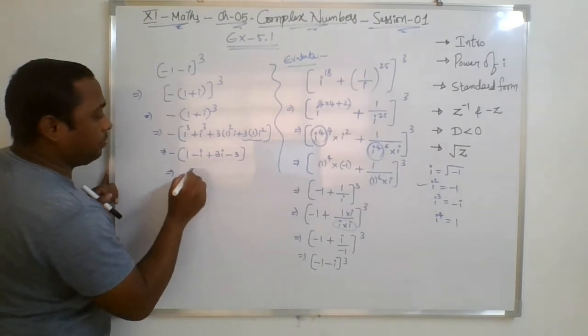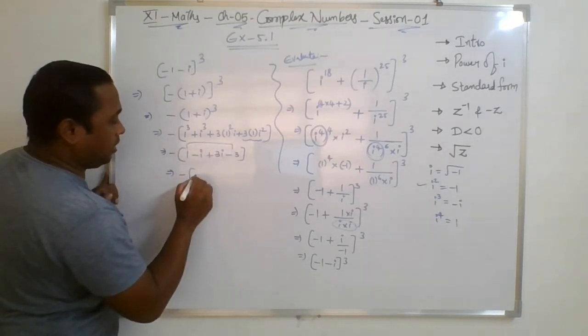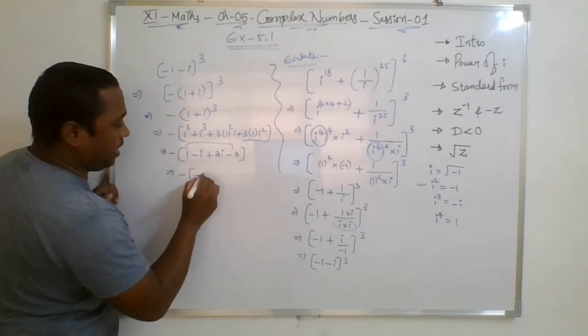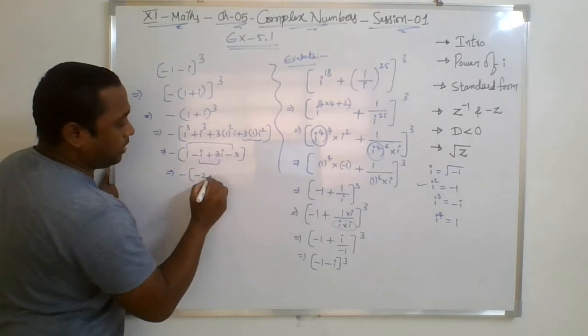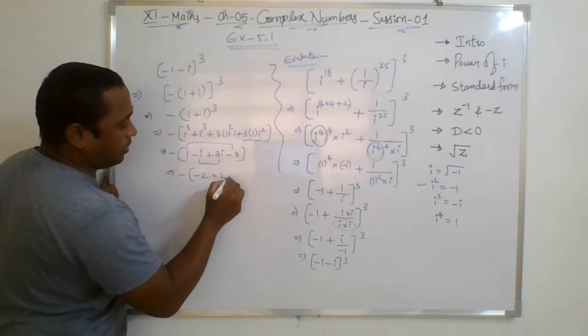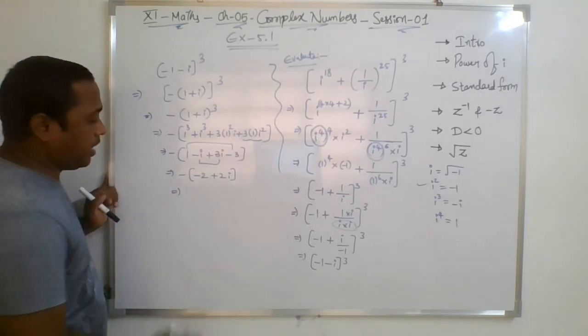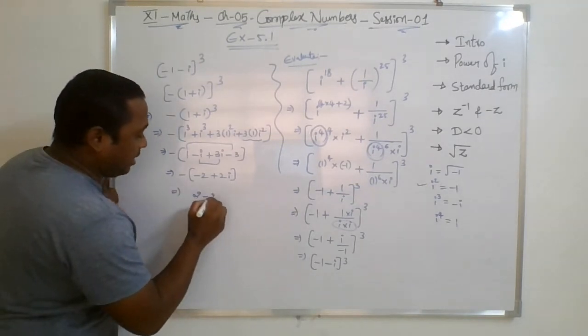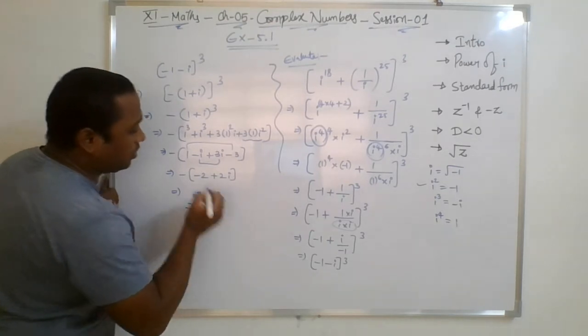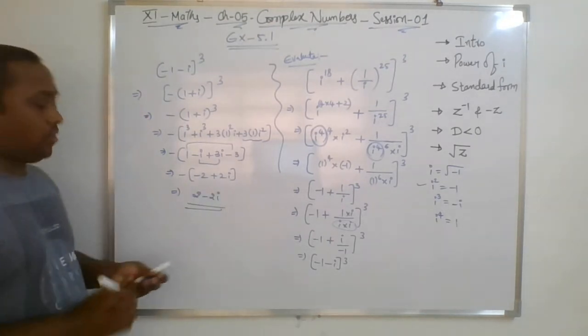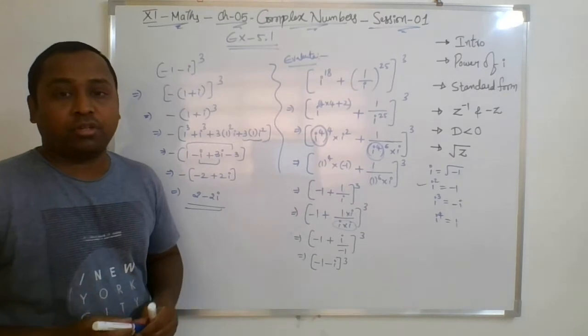So 1 minus 3 is minus 2, minus i plus 3i is plus 2i, then multiply with this minus sign, you will get 2 minus 2i. So this is your final answer after simplification.